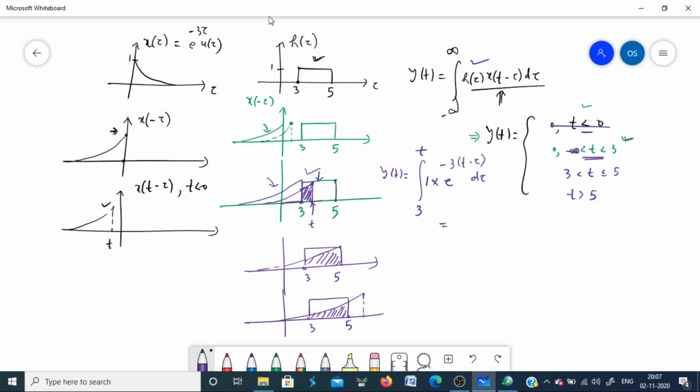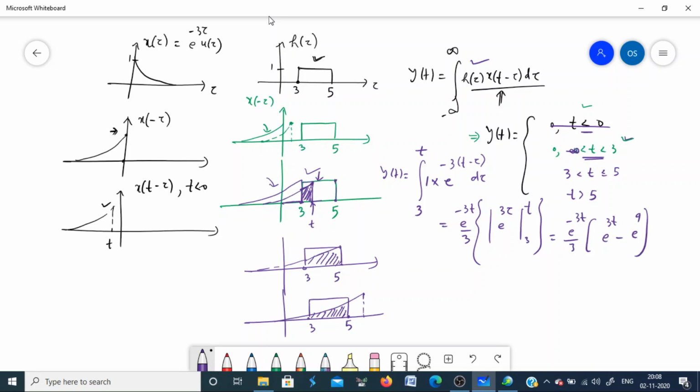If you integrate it, e raised to power minus 3t you can take outside the integration, and you will get e raised to power 3 tau divided by 3, limits from 3 to t. So it will become e raised to power minus 3t upon 3 into e raised to power 3t minus e raised to power 9.